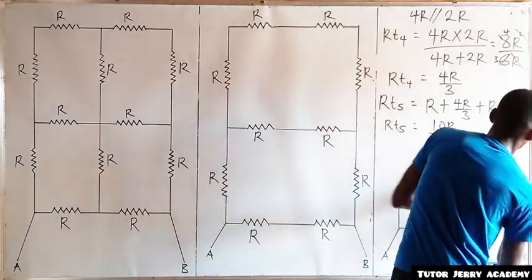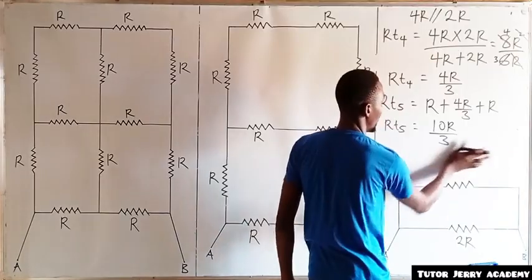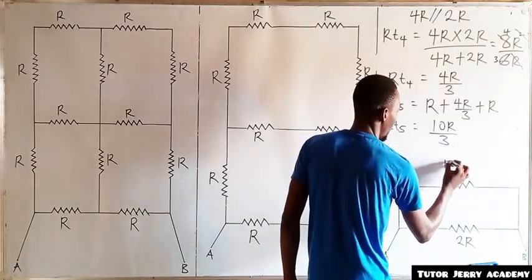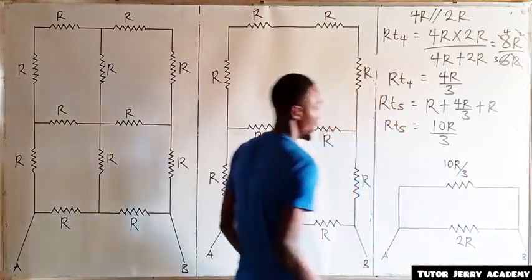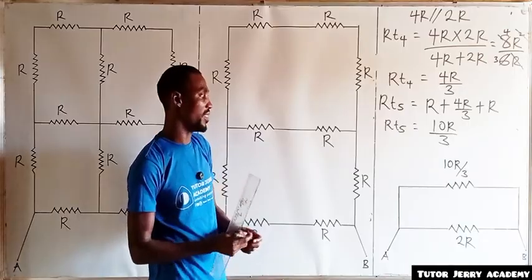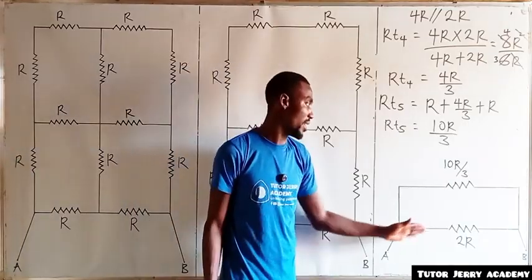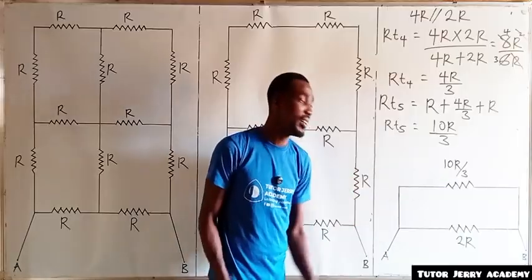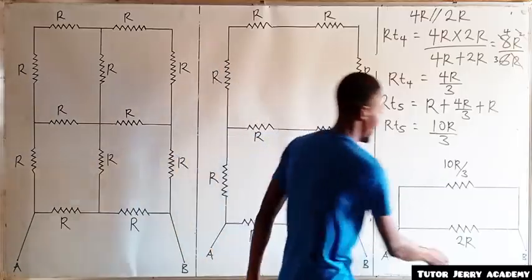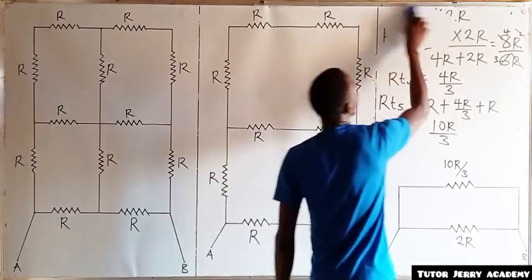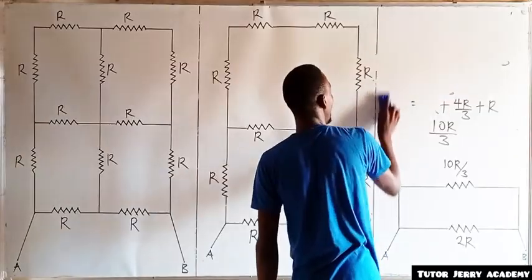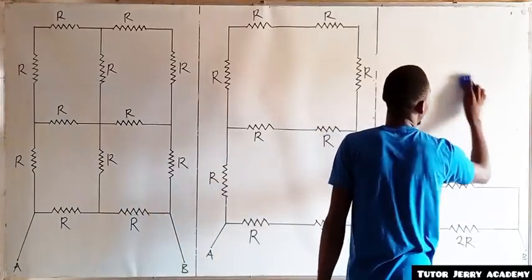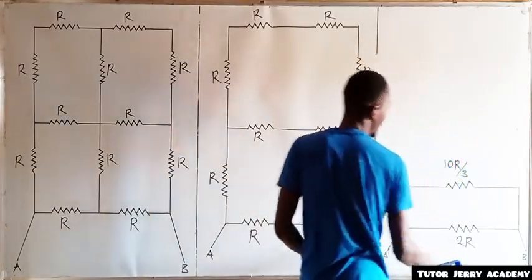Now we can clean this. So this is going to be 10R over 3. You can see now that we can find the equivalent resistance. This and this are now in parallel. So let's look for the equivalent resistance.